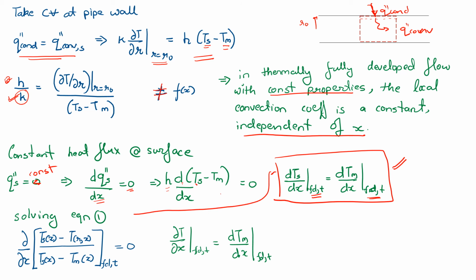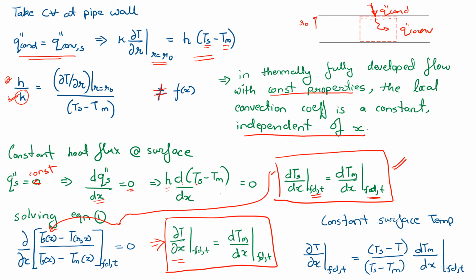Substitute this value right here, and this is the relation that you'll get. Your temperature variation at any location with respect to x will be equal to the variation of mean temperature with respect to x in the fully developed region. Okay, so this is one relation that we've got for the constant heat flux at the surface.